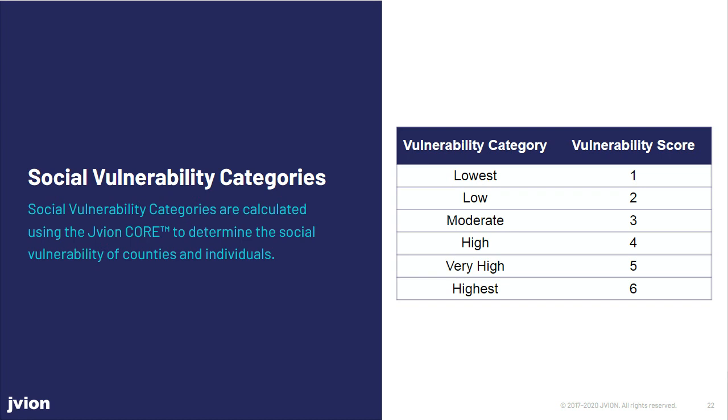But what we saw here was that on average, we were able to explain over 95% of the variation in per member per month cost by correctly understanding the social vulnerability. That allowed us to define expected, so a relatively good estimate of what that county's per member per month cost should be given their social vulnerability.